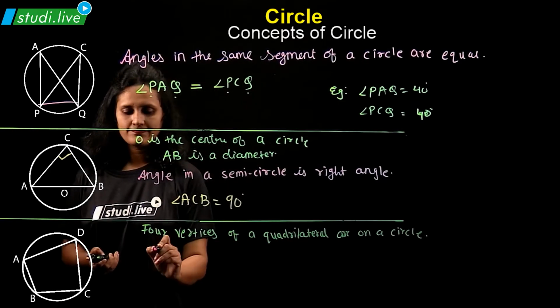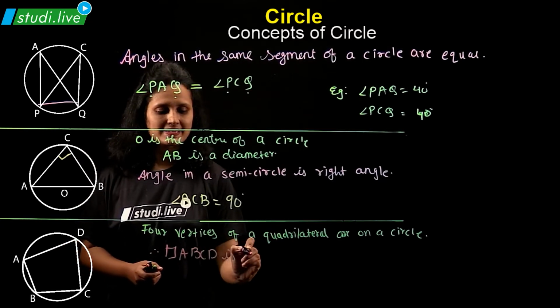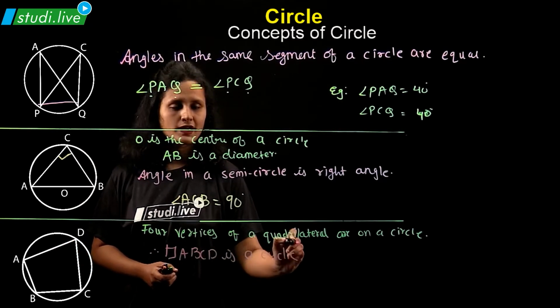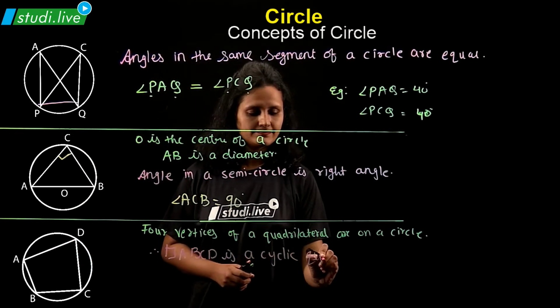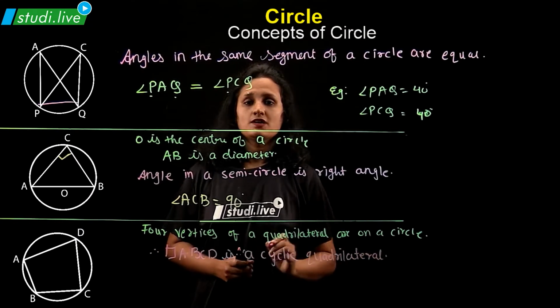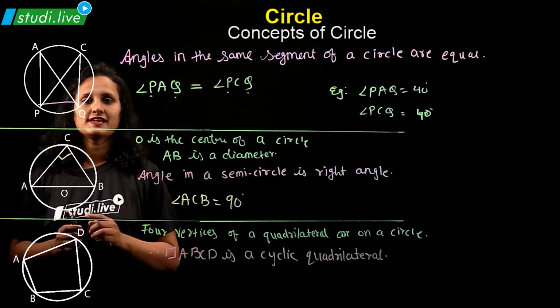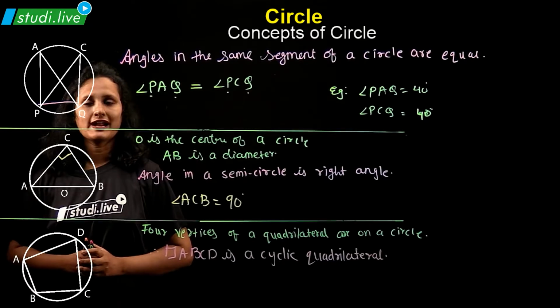Therefore, quadrilateral ABCD is a cyclic quadrilateral. So what is a cyclic quadrilateral? Whose four vertices are on a circle, then the quadrilateral is a cyclic quadrilateral.